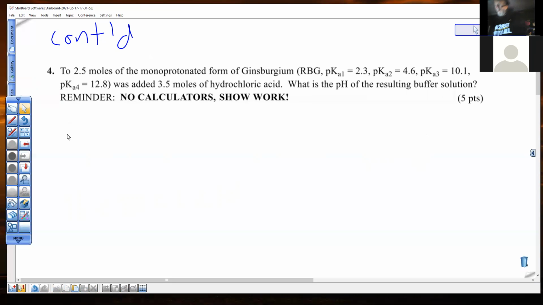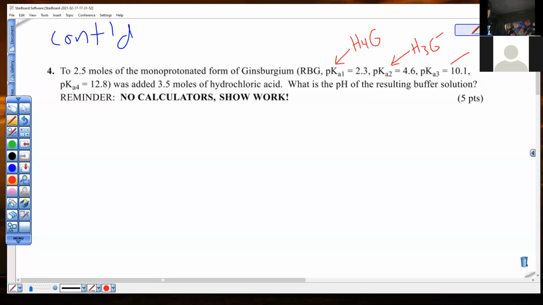When I give you 4, you need to know that the first number is for when all 4 protons are there. Call it H4A. You want to go G for respect for Miss Ginsburg? There you go, H4G. The next one, next lowest number is the next strongest. That's H3G negative.